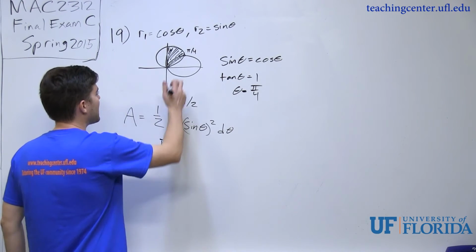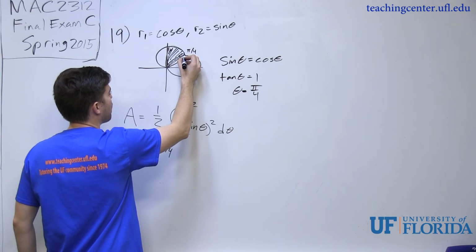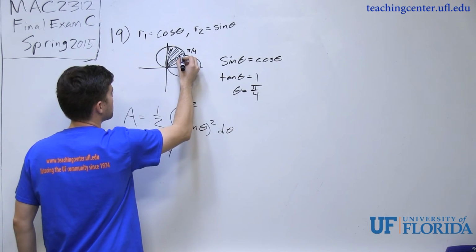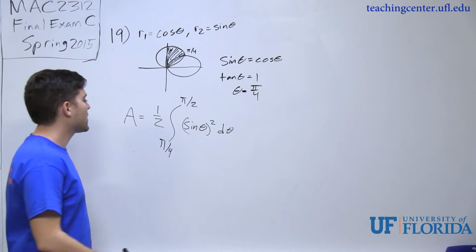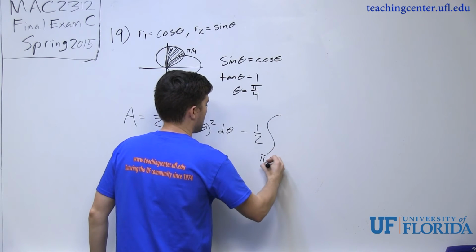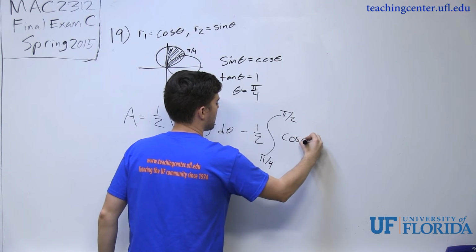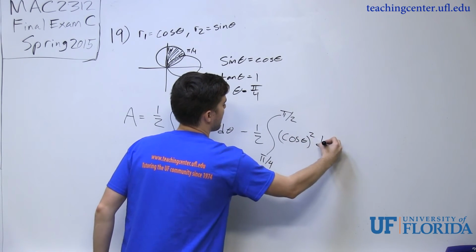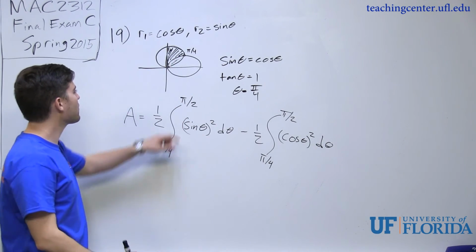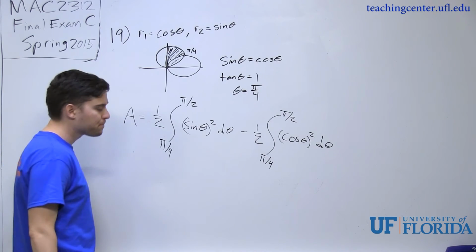If I sweep cosine theta from pi over 4 to pi over 2, I trace the inside of this circle. So I can subtract off the integral from pi over 4 to pi over 2 of cosine theta quantity squared. By subtracting that off, I'm only left with the area that exists inside of sine theta.